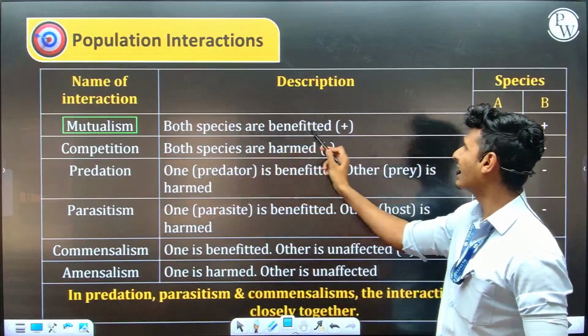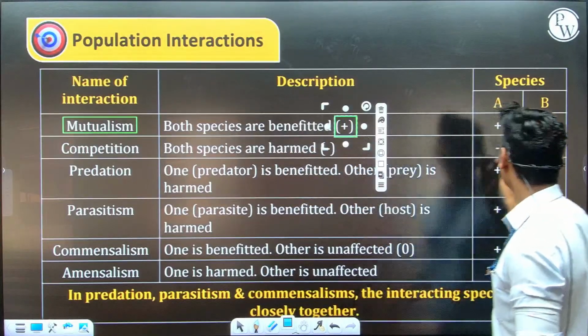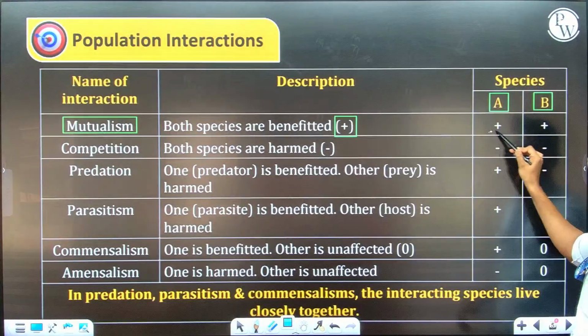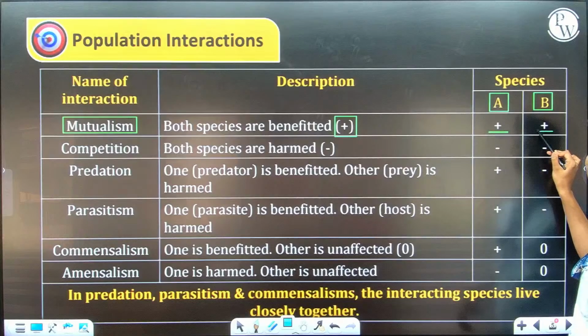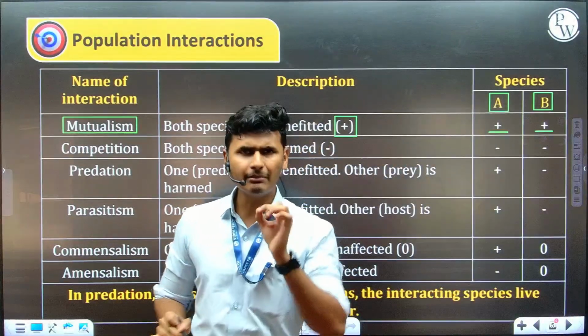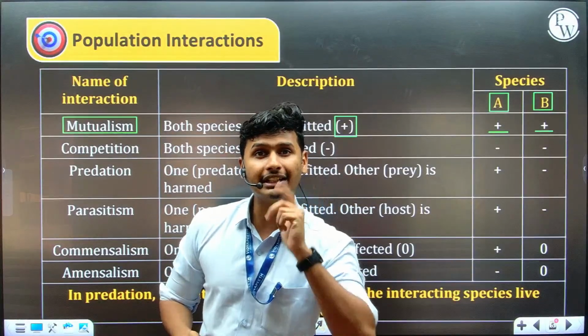Both species are benefited, which gives a positive charge. If we consider species A and species B, then species A is positive and species B is also positive. That is known as mutualism, and we can say that mutualism is somewhat like a symbiotic relationship.